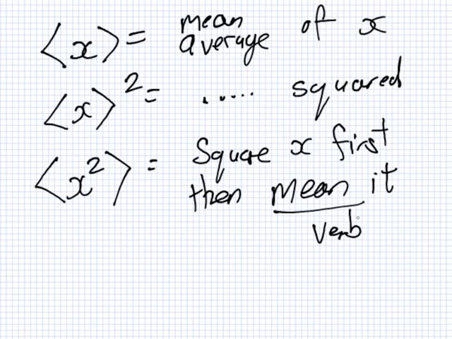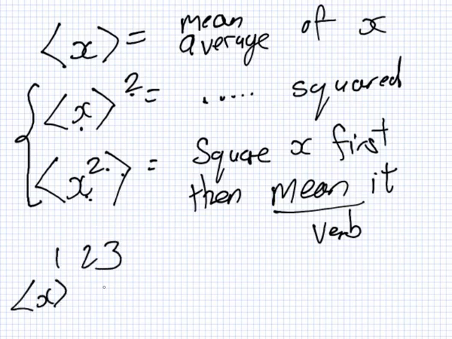So can you see there's a big difference between these two. Here you get the average and then you square the answer. Here you square the data, then you get the average. So for example, if I had 1, 2, 3, what's the average here? 2. And the average squared would be 4.